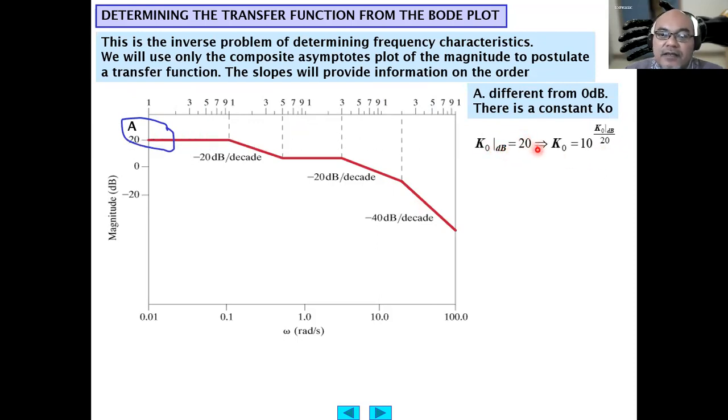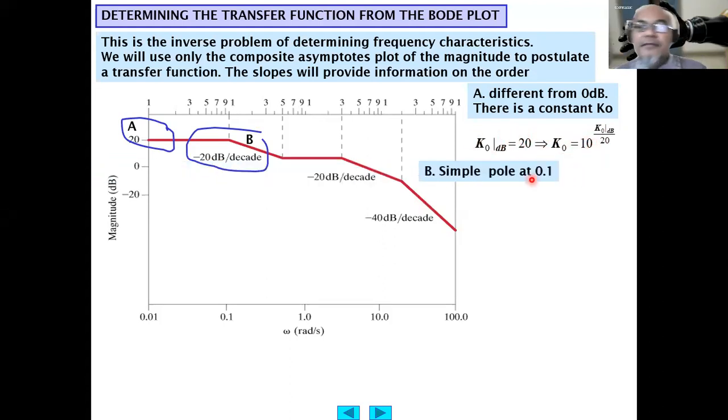K0 equals 10, because 20 log 10 is 20 decibel. 20 log 10 is 1 times 20, which equals 20 decibel. That's why K0 equals 10.